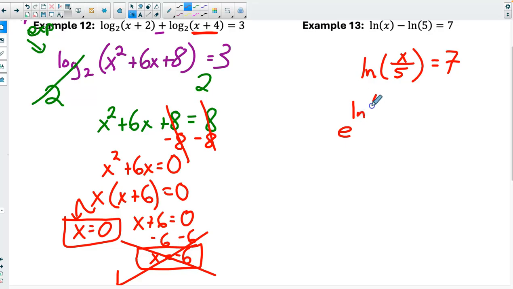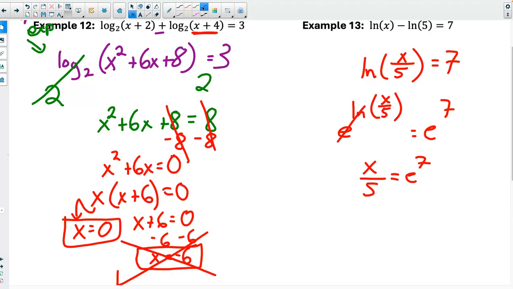E raised to the ln of x divided by 5 is equal to e to the 7th. So I'm going to cancel this out, and I get x divided by 5 equals e to the 7th. Don't even grab your calculators for that. Leave e as whatever it is, e to the 5th, 4th, 3rd, whatever. Leave it like that for the moment. At the very end, we can calculate. That way, if we are calculating, you don't have any mistakes.